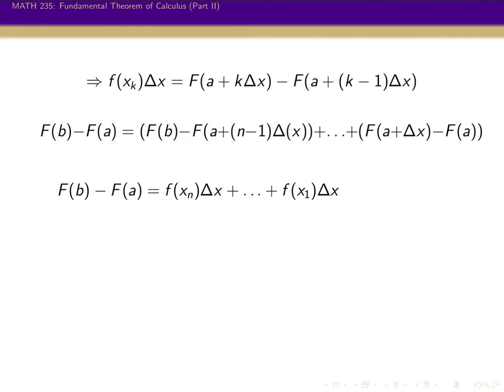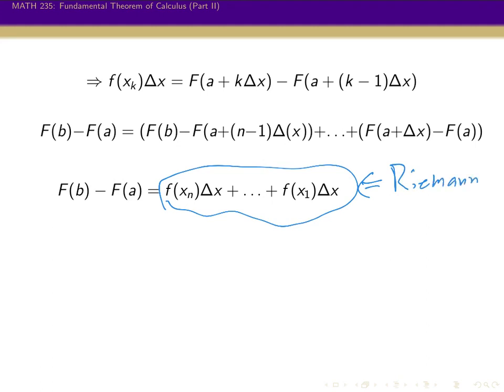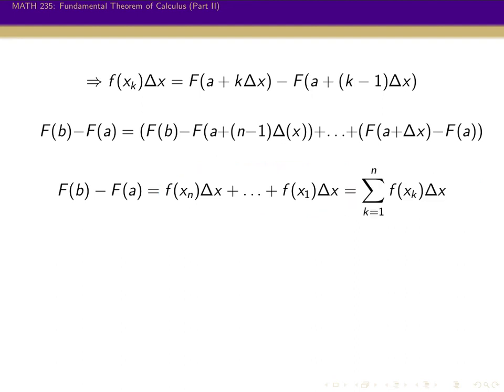Now each of these x sub k's in here are coming from that subinterval. So what is this? This actually is a type of Riemann sum. We can do this for any n, so we can talk about taking the limit of this as n goes to infinity.